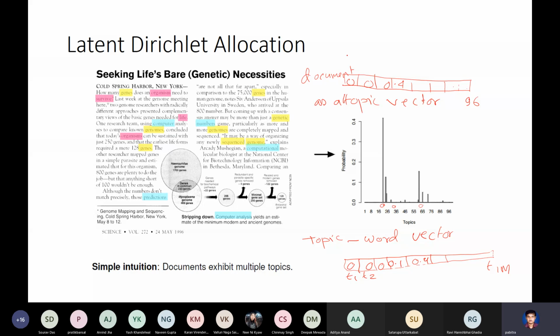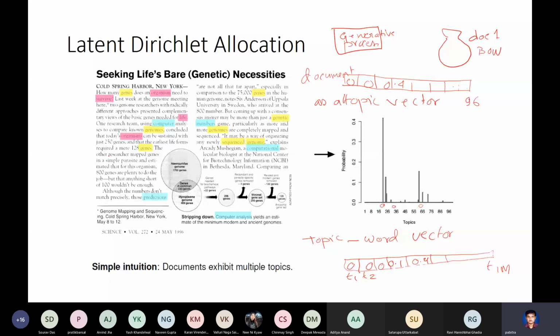You have your document, a bag of words, and then you have a generative machine, a generative process, inside which there are a lot of complicated things going on. But basically this is probabilistic.